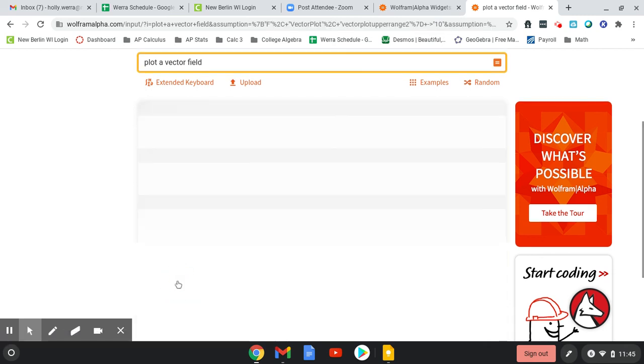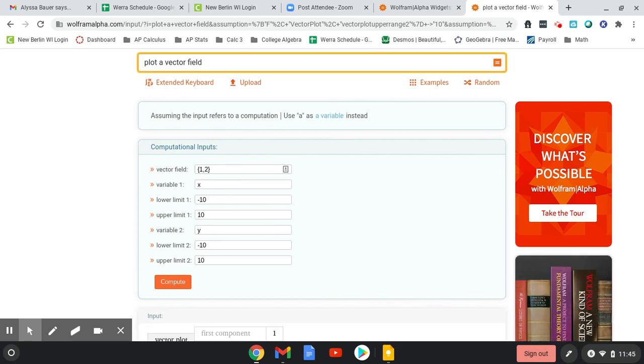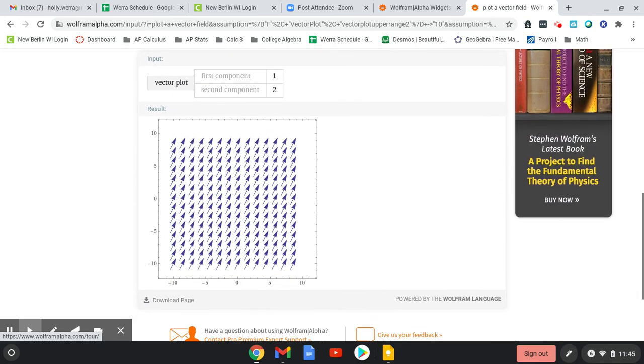So we're just going to draw that vector field. And that's what it looks like. A couple things to note here is that I see no curl, right? There's no rotation there. And I also see no divergence. I don't see those arrows getting longer or shorter or closer together or farther apart.